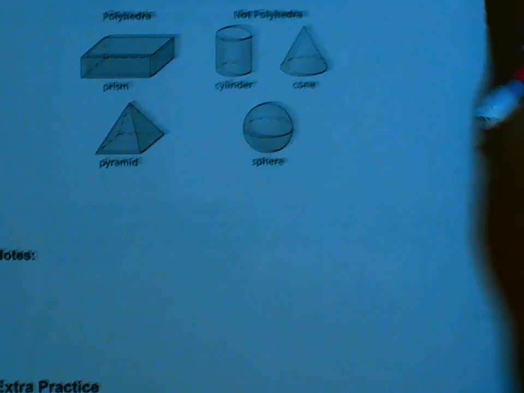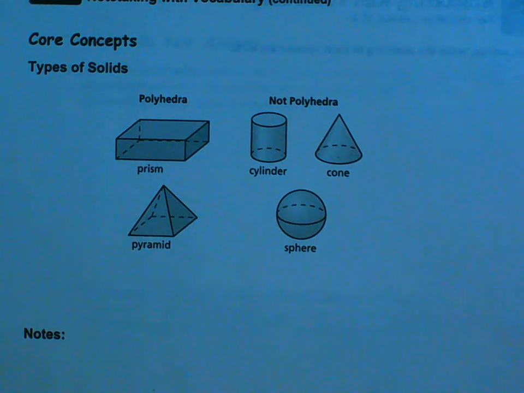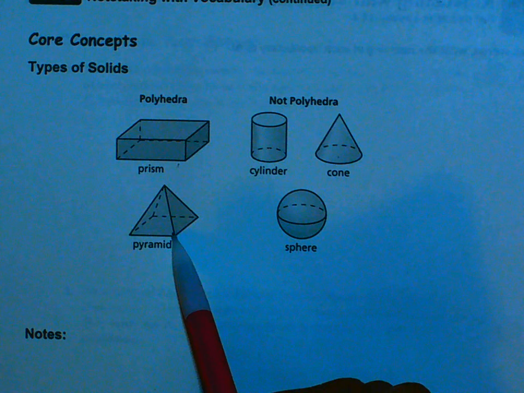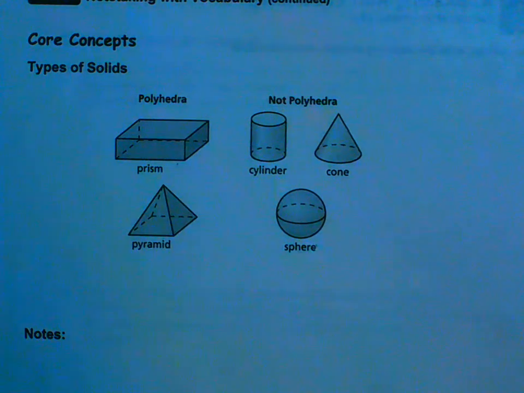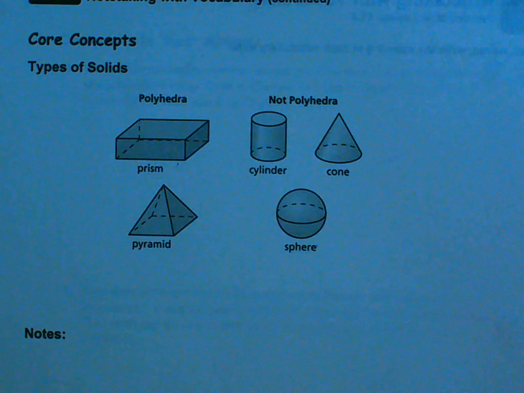Now, on page 332 in your journal, here are some examples of polyhedrons and non-polyhedrons. This is an example of a polyhedron. This is an example of a polyhedron as well. These are not examples of polyhedrons. So what's the difference between a polyhedron and something that is not? Well, it all has to do with the faces of the polyhedron.